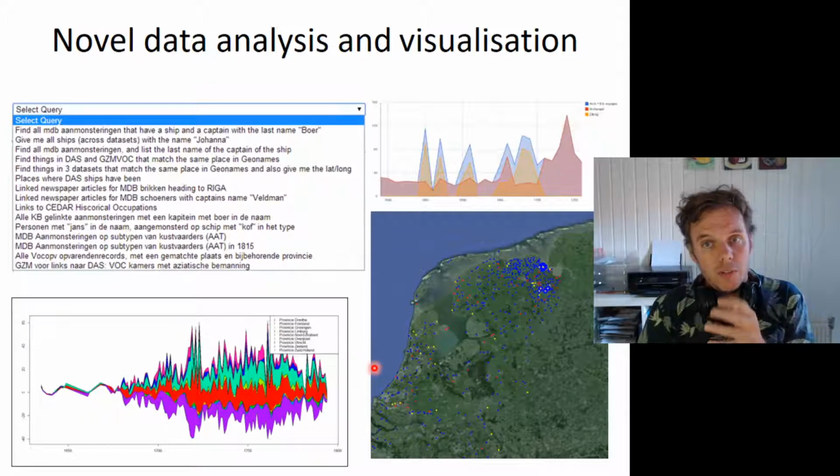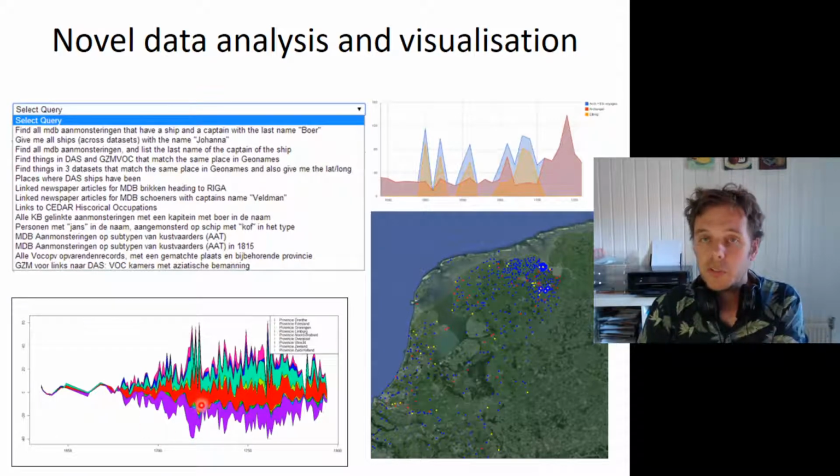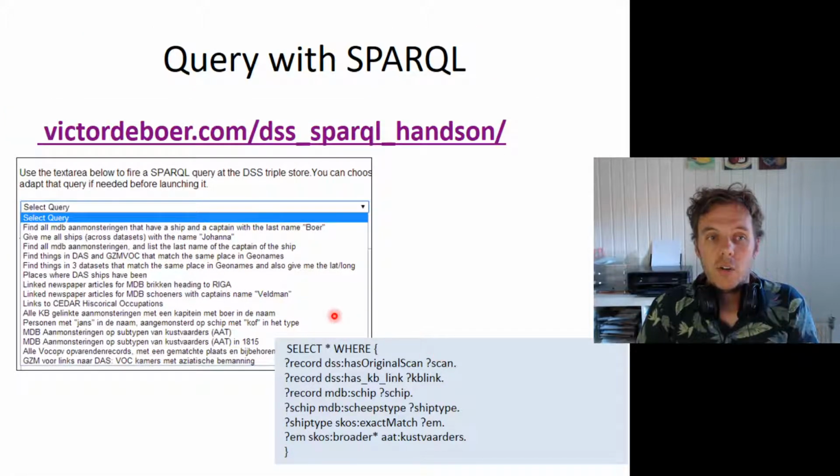And if you're interested in more raw data, so if you just want to go beyond the visualizations, you can just ask a SPARQL query. So actually all of these competency questions, these are questions that you can see, for example, find all the embarkments that have a ship and a captain with the last name Boer.